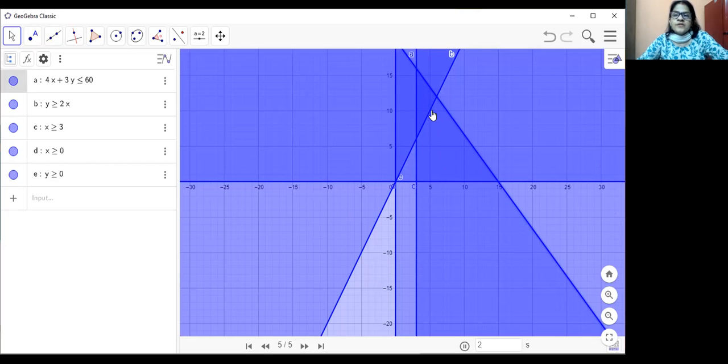This is the way you can draw the graph of linear inequations when the system is given. We shade the common region and represent the shaded region as the solution of the system.